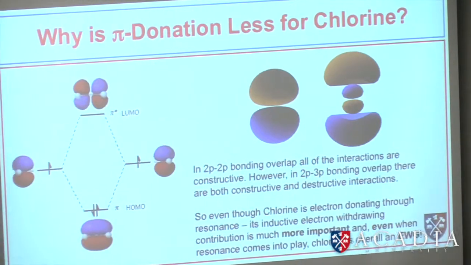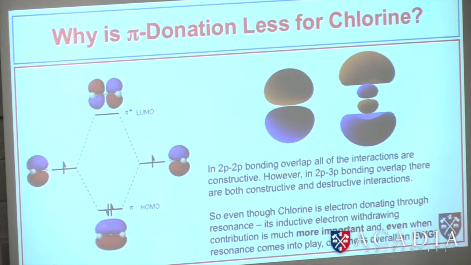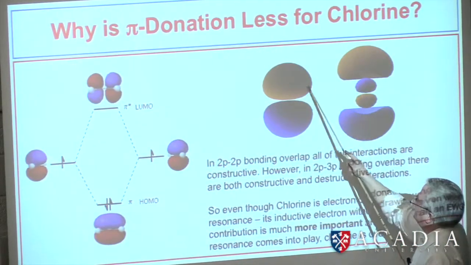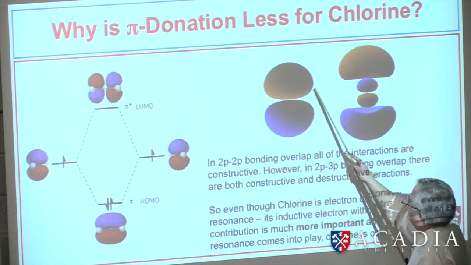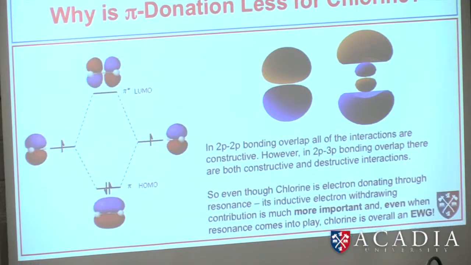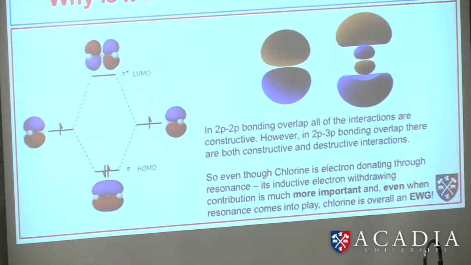They're only moderately stabilizing. Once you start pushing those atoms closer and closer together, you start getting destructive interference between this part of this p orbital and the other lobe. So 3p, 2p overlap is not really as stabilizing as 2p, 2p overlap for forming pi systems.